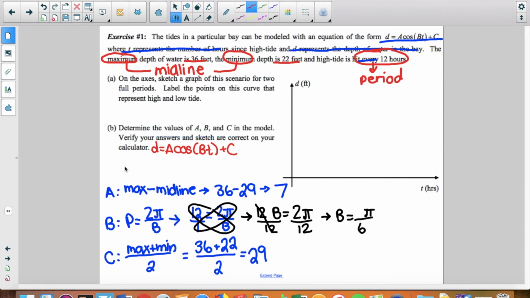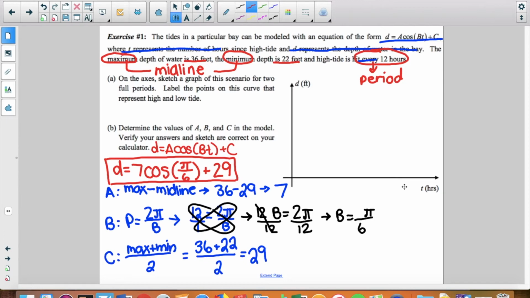So our equation with all information in it is D equals A is 7, cosine, B is pi over 6, and C was 29. So here is our equation. But now we still have to sketch this.